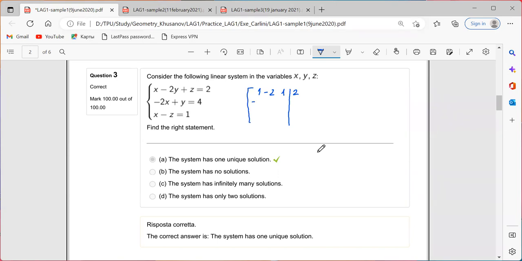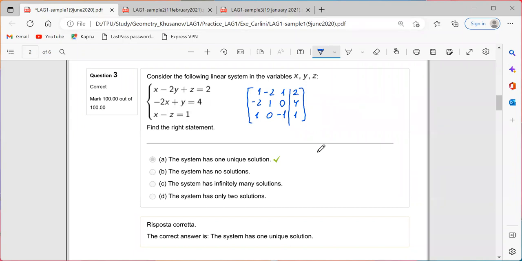The second equation has components of x, y, and z: 0 for the second component of x, y, and z, and the right side will be 4. Then in the third equation we have 1 component of x, 0 component of y, minus 1 and 1. So this is just our augmented matrix.